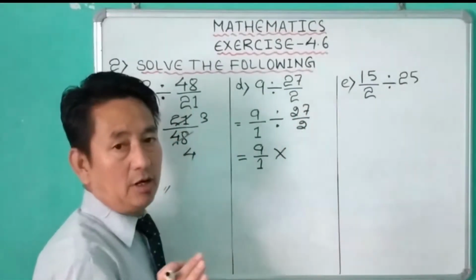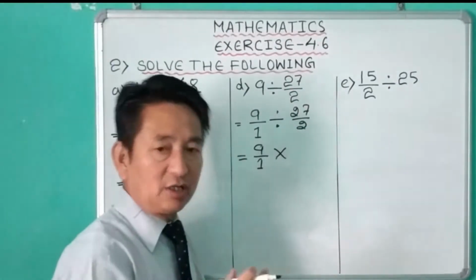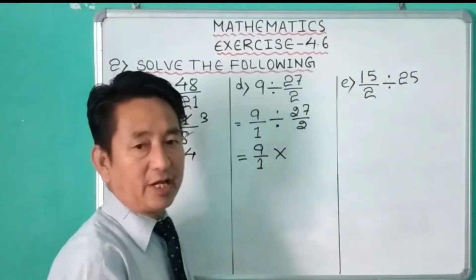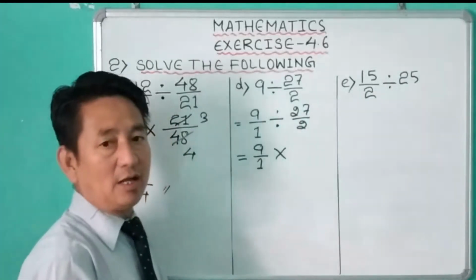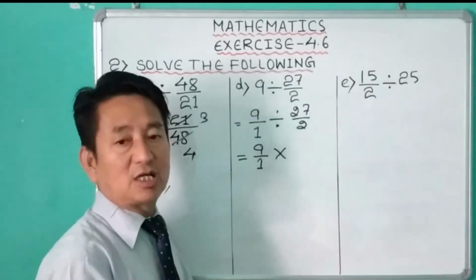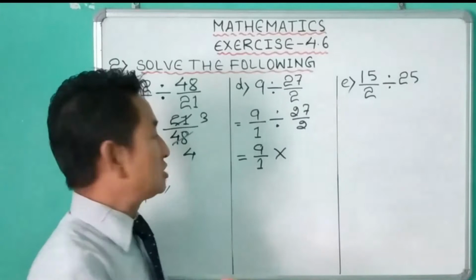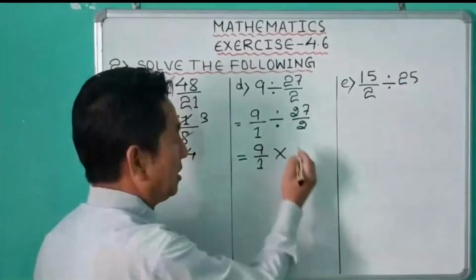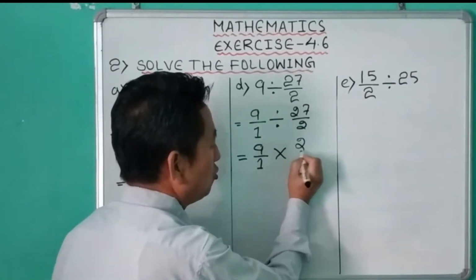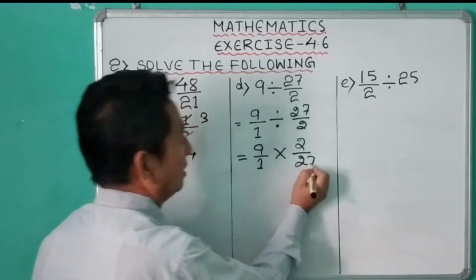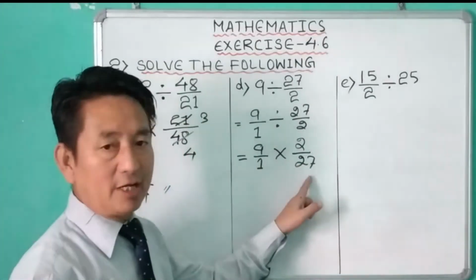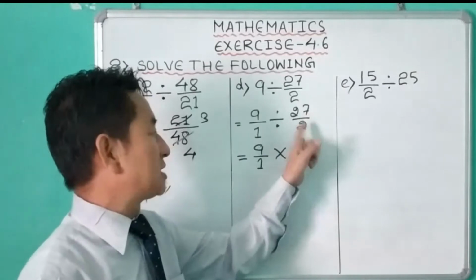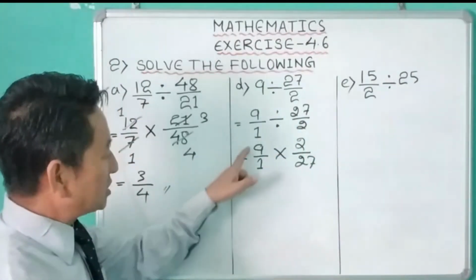I said, while we are changing the divide sign into a multiplication sign, you have to write the reciprocal of the fraction which is present after this sign. Here 2 over 27. The 2 over 27 is the reciprocal of 27 over 2. Now first here 9.